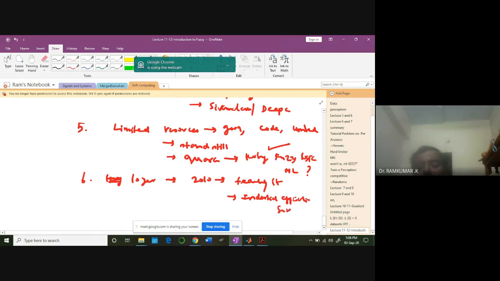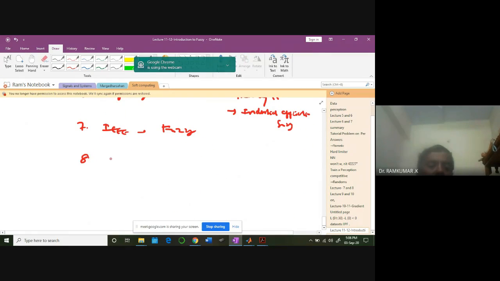There is a journal in IEEE related to Fuzzy Logic also, and people are trying to bring in ML coupled hybrids, they call it, neural network plus fuzzy, in order to exploit the power of Fuzzy Logic for ML applications. That's another happening domain.